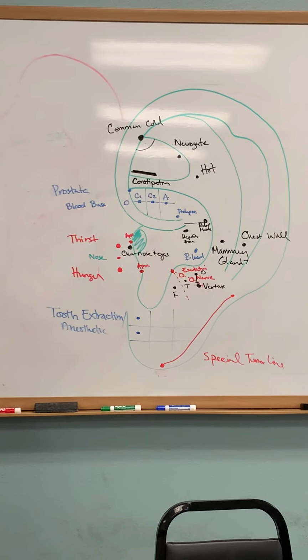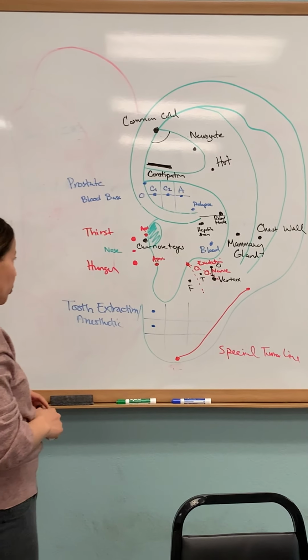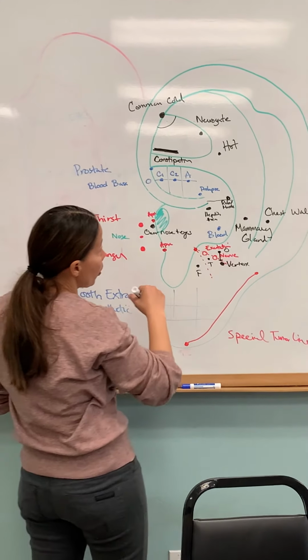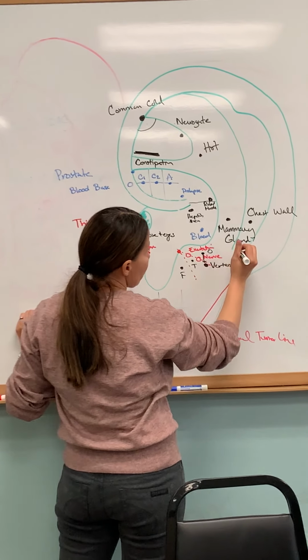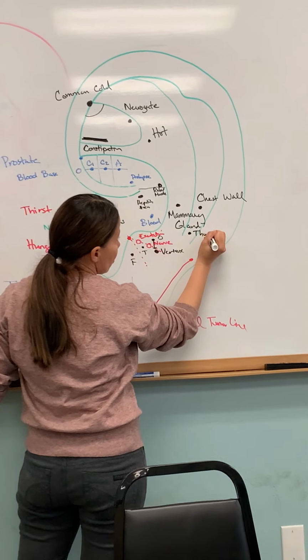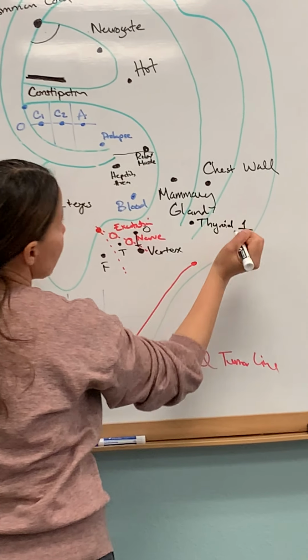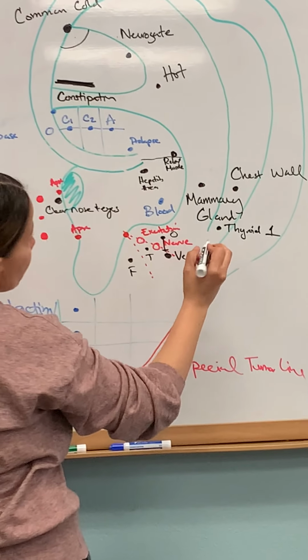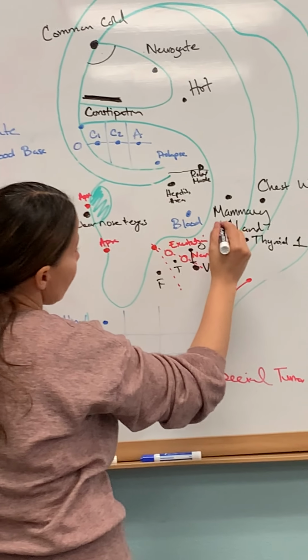The last points that we're going to cover are the 4 thyroid points. Thyroid 1 is found right by the clavicle area. So in here we're going to put thyroid 1. Thyroid 2 is right in the neck area.